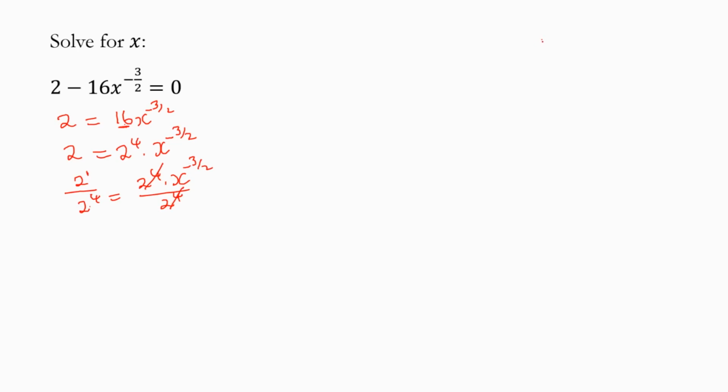Remember, when we are dividing powers with the same base, x to the power a over x to the power b is equal to x to the power a minus b, isn't it? So it's going to be 2 to the power 1 minus 4, which is 2 to the power negative 3, is equal to x to the power negative 3 over 2.